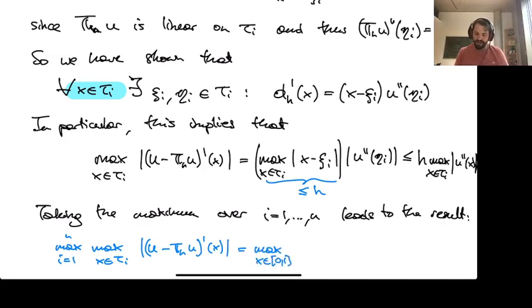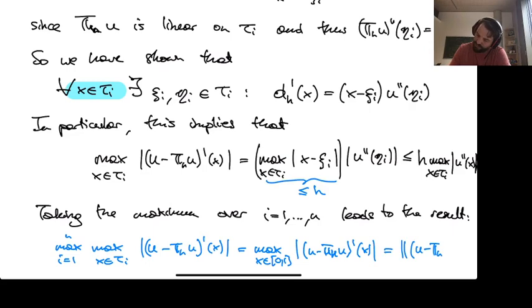If we take the max over all intervals and the points in each interval, then that's the same as taking the max over the whole interval. And that was our definition of the infinity norm. Okay, so we can do that on the left, we can do that on the right, and we get our result.